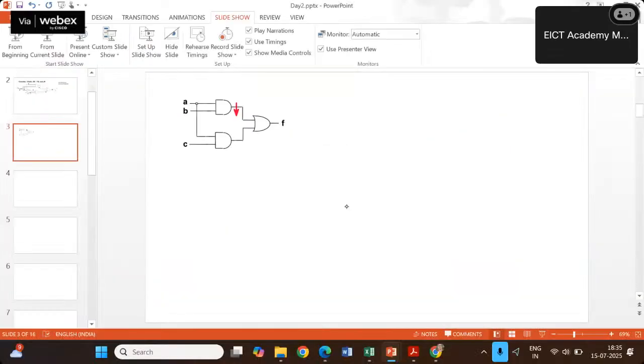So the Boolean difference method is the one which gives us the flexibility to get the stuck at 0 and stuck at 1 faults altogether.